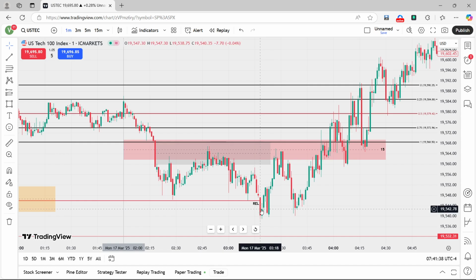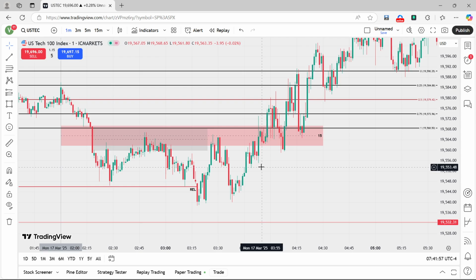Look at the bodies in this volume imbalance, they respect the low, and the wick did the damage but didn't take this. After that, price displaces, creates this further gap, traded in. Look how it reacts to the low with the wick, and this is consequent encroachment.